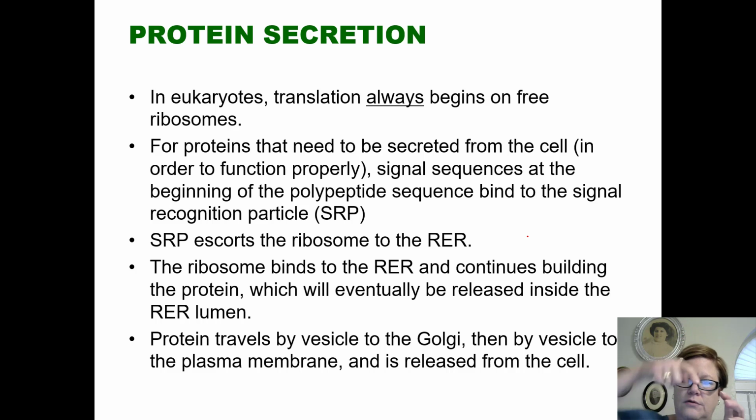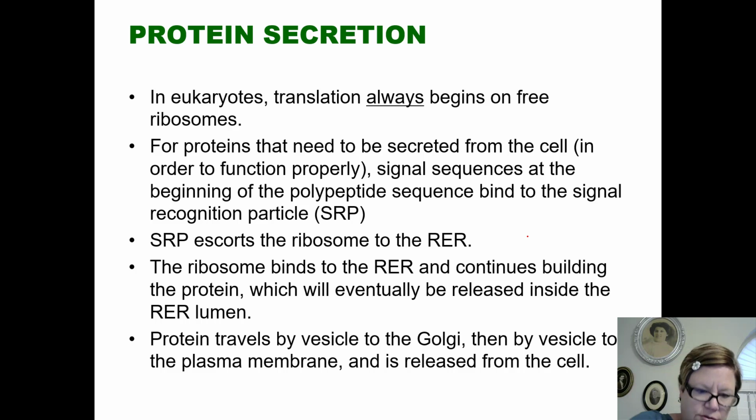And then the protein will thread into the rough ER and be pushed into the lumen of the rough ER and then be released. So the protein starts to be built just on a free ribosome floating in the cytosol. But if it's a protein that needs to be secreted, it will be carried over to the rough ER.